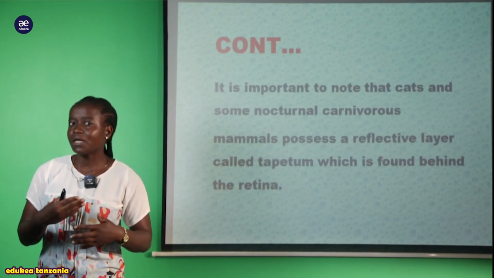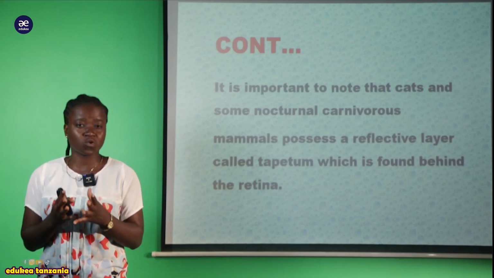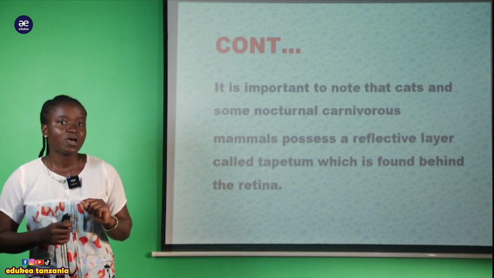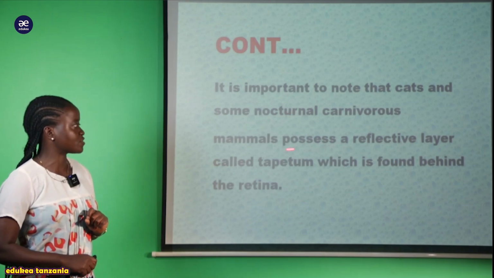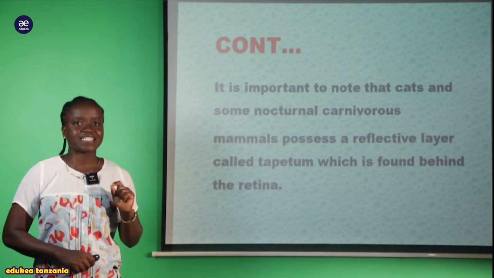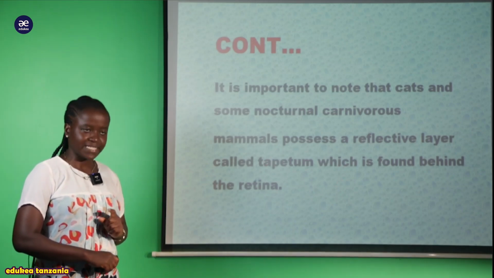Kwa sababu gani wanakuwa na uwezo wa kuona kwa urahisi sana wakati wa usiku? Because these organisms, mainly cats together with the nocturnal carnivores, possess a refractive layer. Hiyo refractive layer inaitwa tapetum.